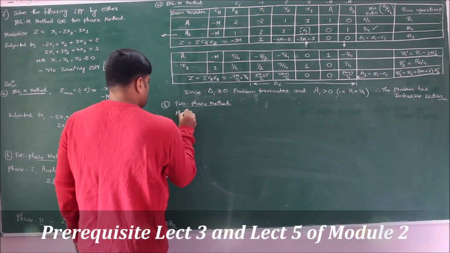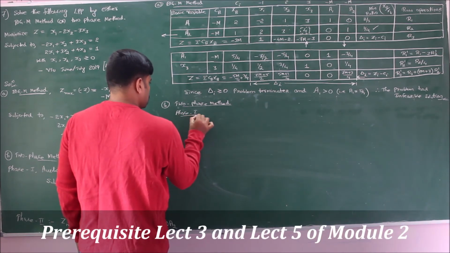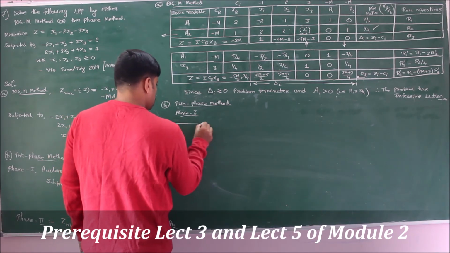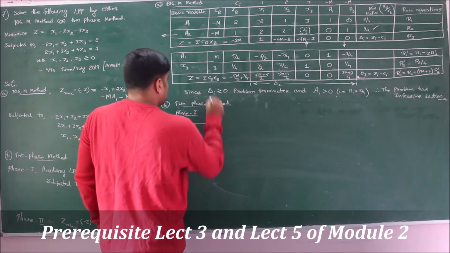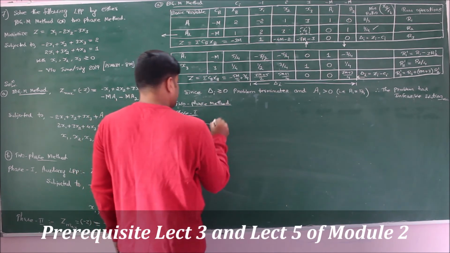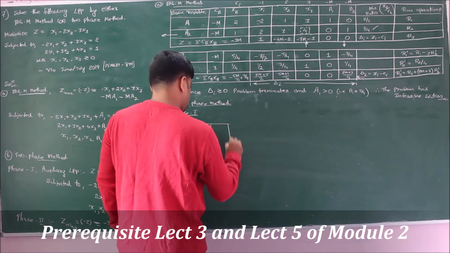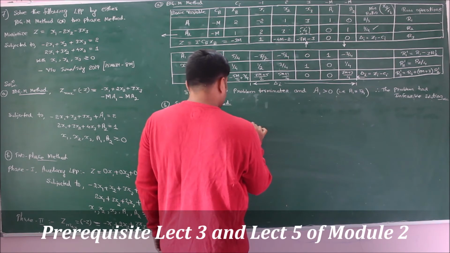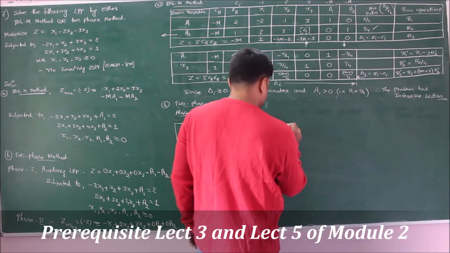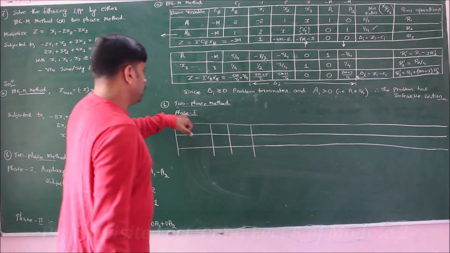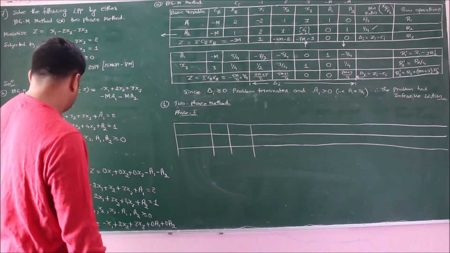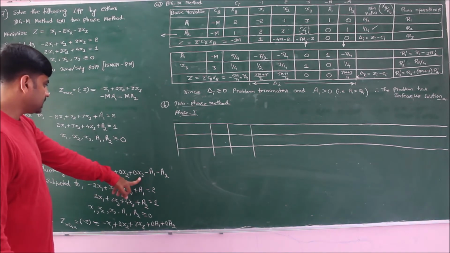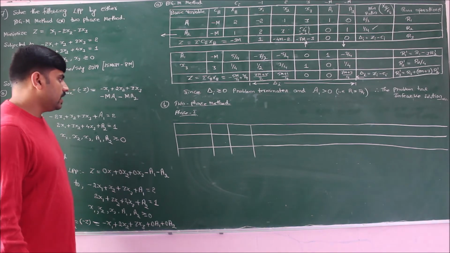for phase 1, we have basic variable and we have CB, XB, X1. For phase 1 we know that the auxiliary variables are x1, x2, x3 and artificial variables a1 and a2.